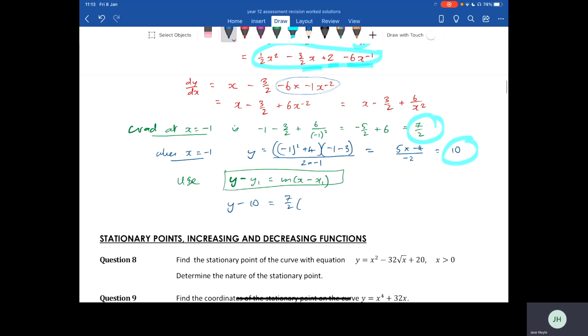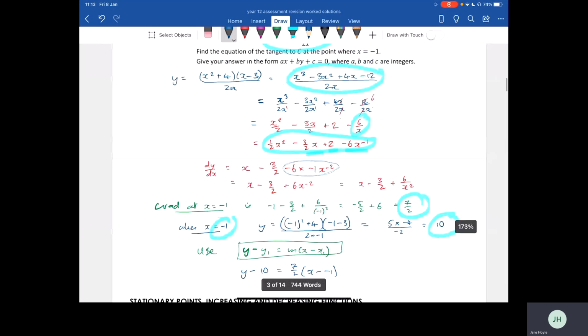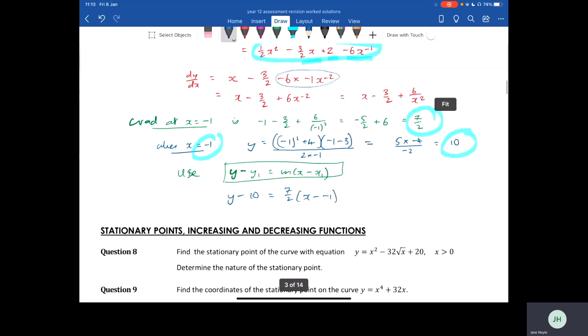So 7 over 2, x minus an x1, of course, is that -1. So we're going to have a double negative in there. I think it wanted a, b, and c to be integers again.